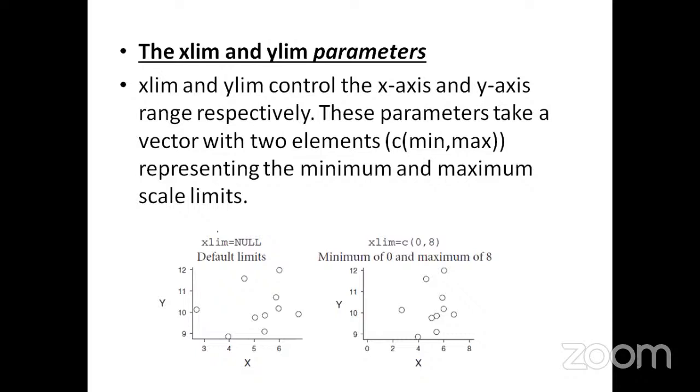So xlim is minimum, maximum, ylim is minimum, maximum, with the two elements representing the minimum and maximum scale limits. You can see below that for the first, xlim is none. None means if you are not assigning anything, it will take the value according to the plot for whatever values you have given. Then you can see xlim is defined as 0 to 8. ylim is not defined. So you can see here from 0 to 8 it is there. Okay.